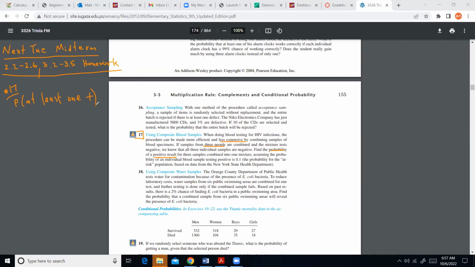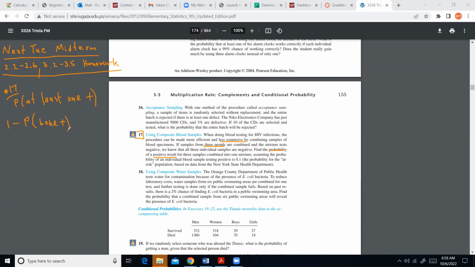And no matter how many you add from these 3, it will still be positive. So for at least one, we always use a complement: the probability that none of them are positive, or in other words, they all are negative.